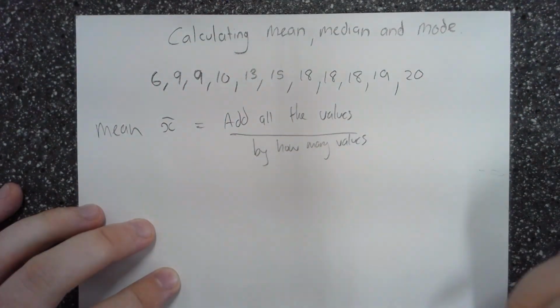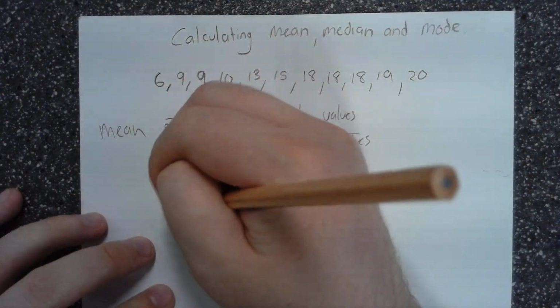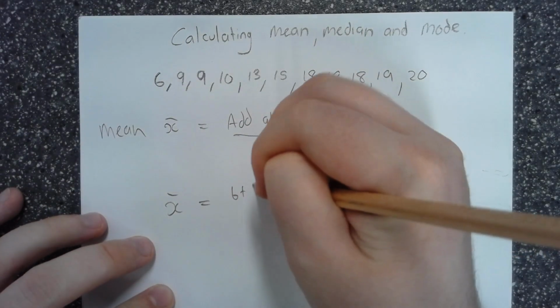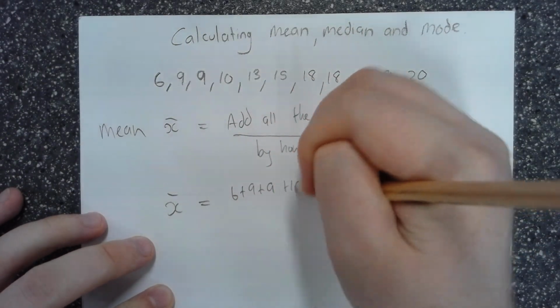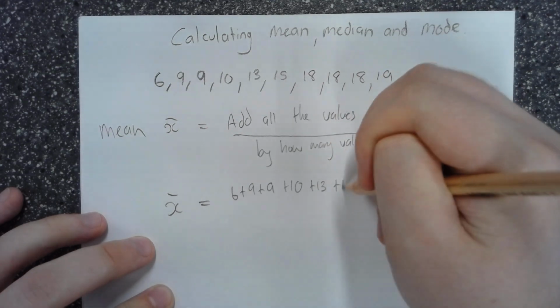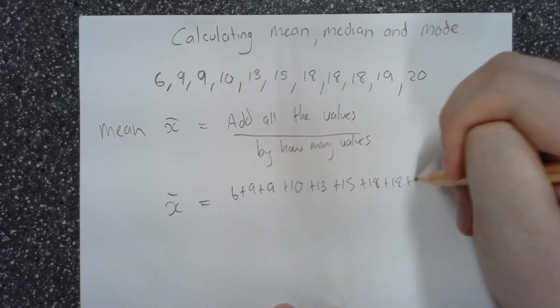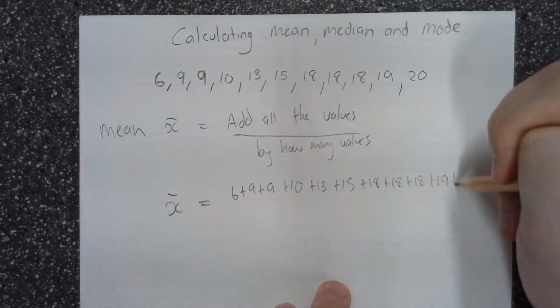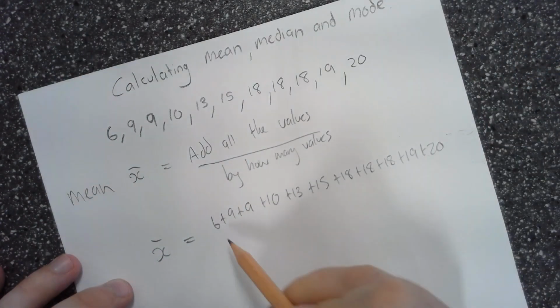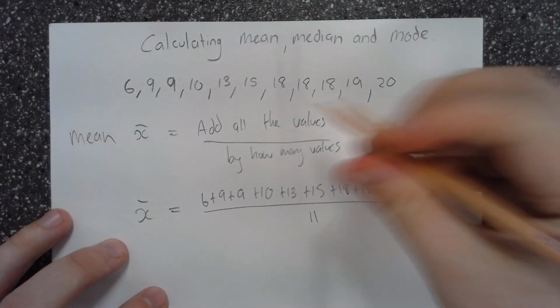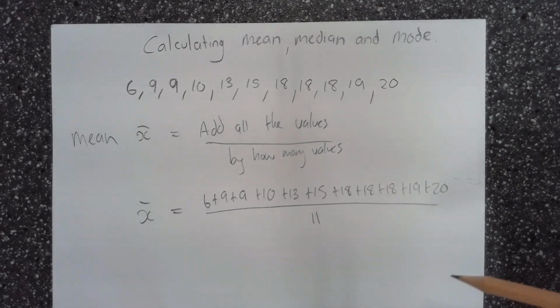So to solve this problem, we need to do our x bar, which stands for mean, is equal to 6 plus 9 plus 9 plus 10 plus 13 plus 15 plus 18 plus 18 plus 18 plus 19 plus 20, all divided by 11. We've got 11 values, so we're going to divide this by 11.